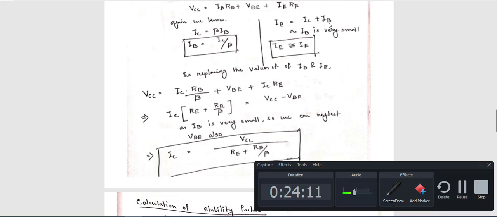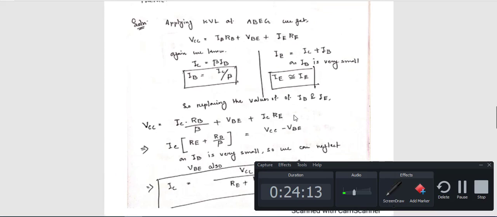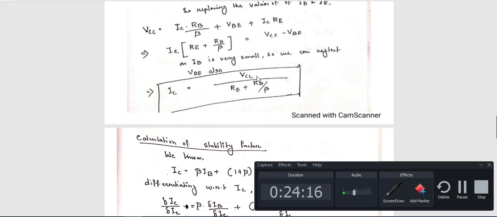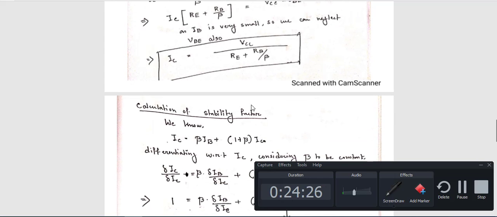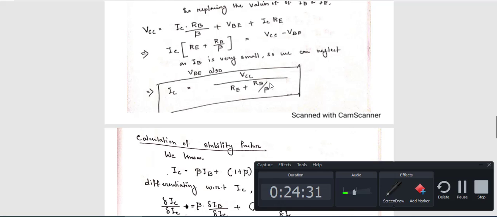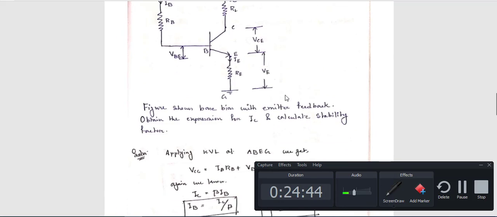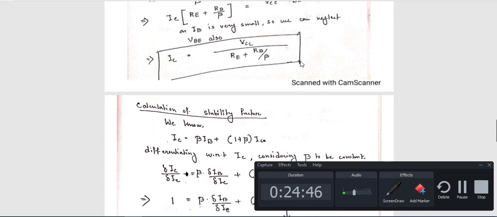If VBE is given, you take VCC minus that constant, but if it is not given, you can easily neglect VBE and IB. Now this is the expression of IC, so your first answer IC is equal to this. If beta, RE, VCC and RB are given to you, you can easily calculate the value of IC, but here no values are given, so just write down the expression.